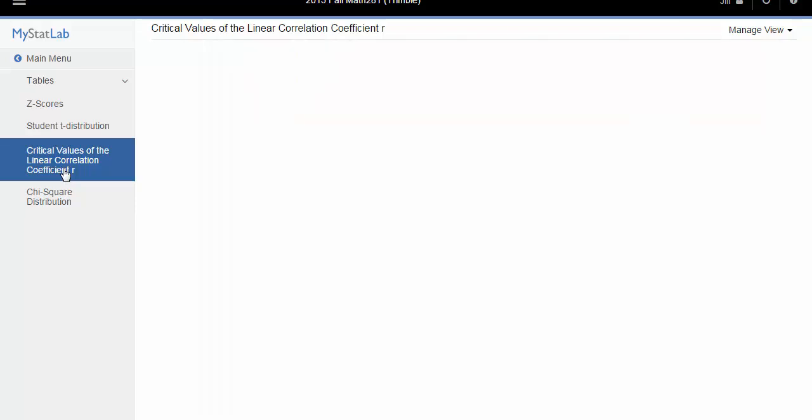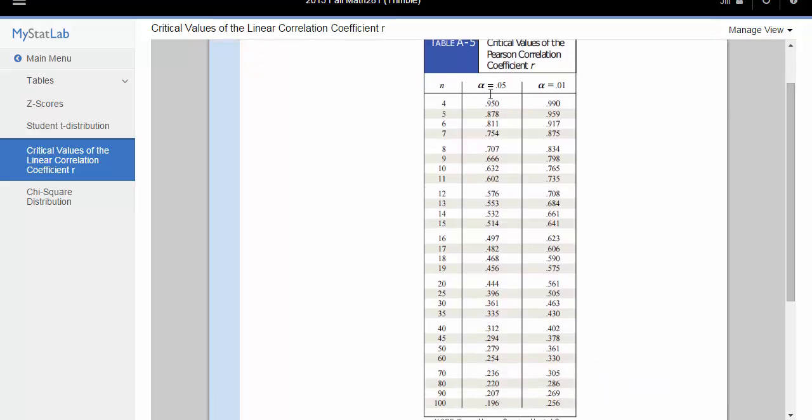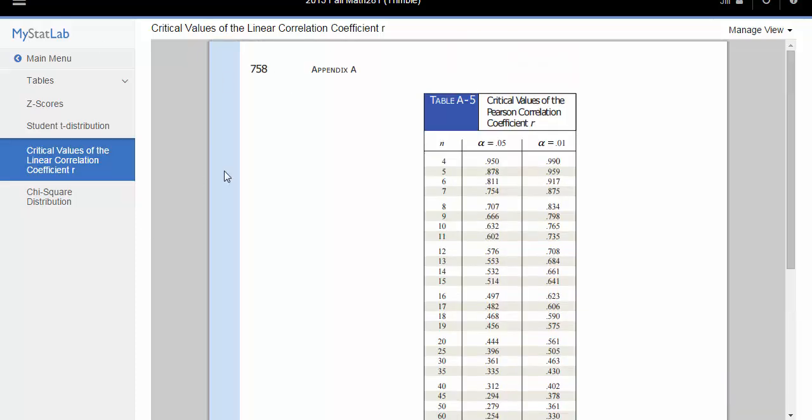It's a much smaller set of tables than we're usually used to with the normal and the t. And you can see that on the left-hand column, we just look at sample size, and then they chose two common values of alpha, and alpha values are 0.05 and 0.01, and then these are the critical values. And so we're going to be referring to this table throughout this homework set. So I will bring a copy of these tables to class, a copy for you guys to keep, and then there's also an extra copy here if you want to look while you're working.